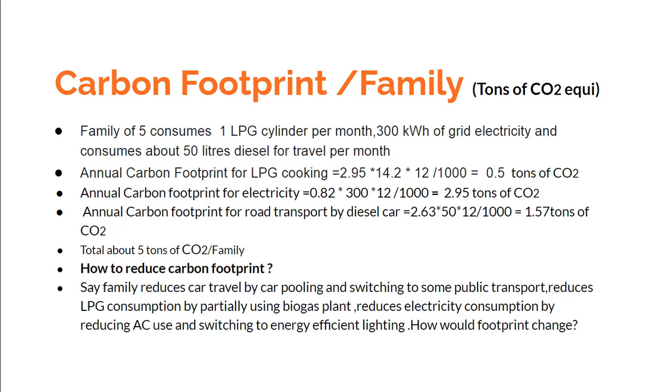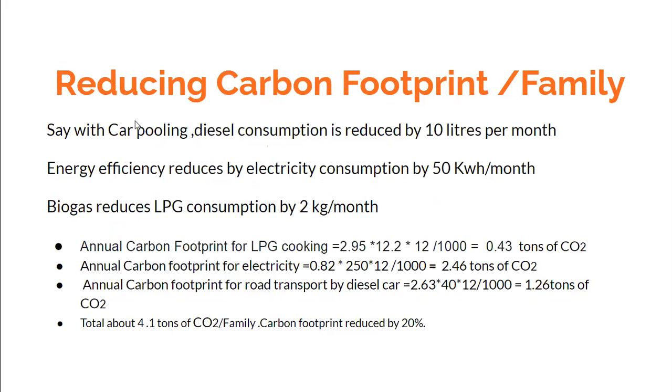Okay. Now, if they employ such energy conservation options, whether the carbon footprint would change and how much it would change, that would be an interesting calculation. So the next attempt is to explain this. Let us now assume that this family, because of carpooling, manages to reduce their monthly consumption by 10 liters.